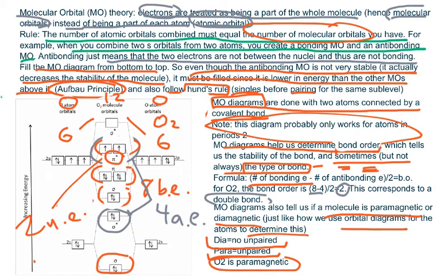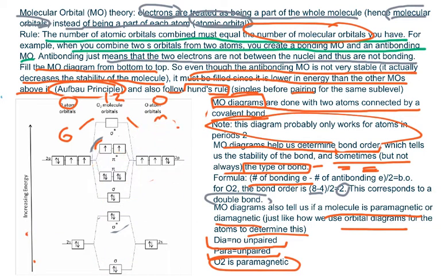Before we move on, I want to point out something. This MO diagram over here only works for atoms in period 2, since atoms in period 2 have their valence electrons in the 2p and 2s sublevels. It won't work for period 3 because those atoms have their valence electrons in 3s and 3p.